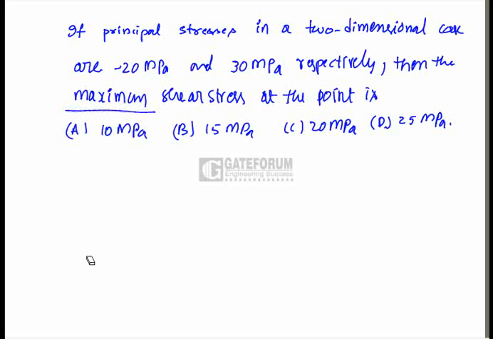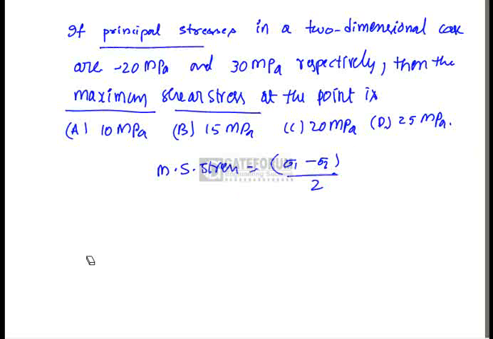To find out the maximum shear stress at a particular point, maximum shear stress is equal to sigma 1 minus sigma 2 by 2. What is sigma 1 and sigma 2? These are principal stresses.